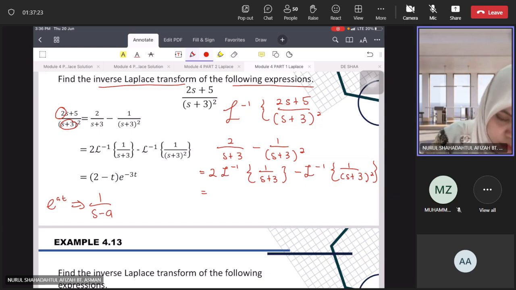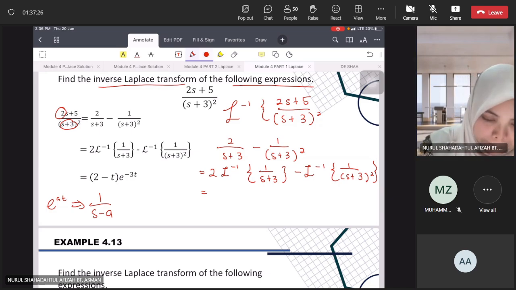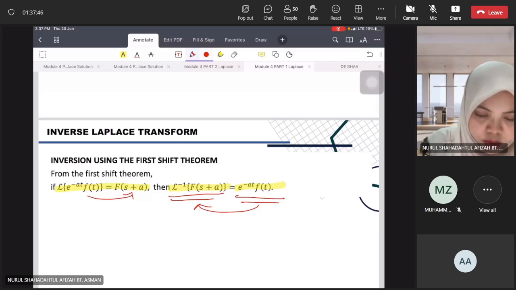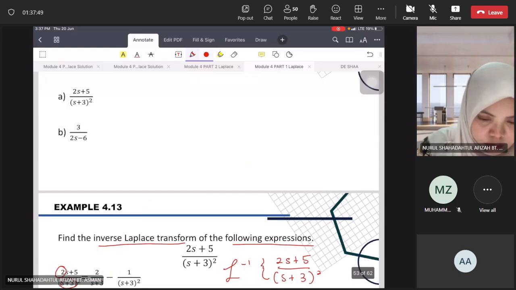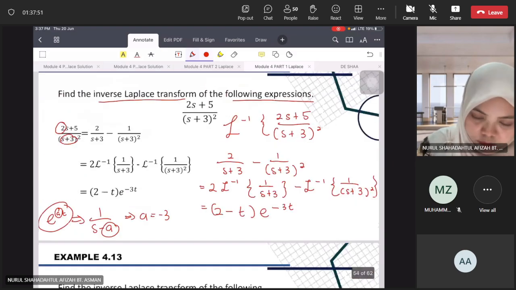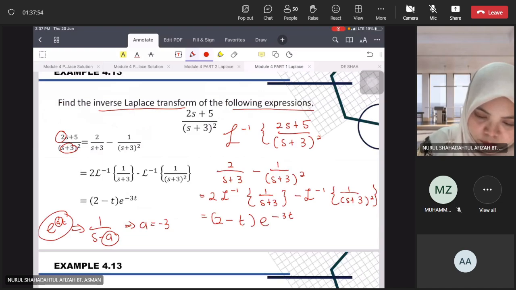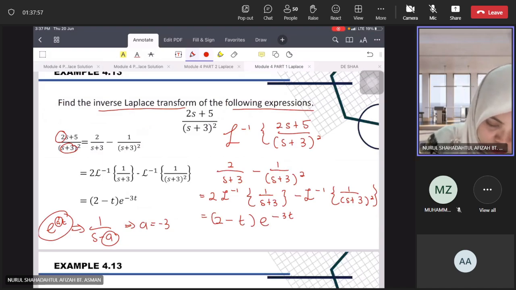A equals to negative 3. F(s plus a). This one you get from s plus a.